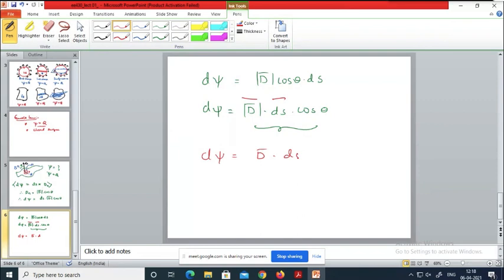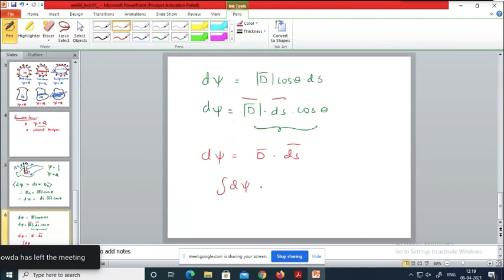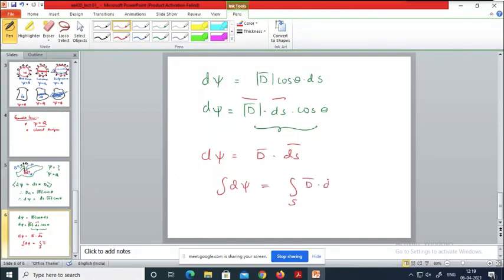So D dot ds vector. Therefore, if you want to find the total psi, you will have to integrate this d psi along the surface and take the dot product here, and this is equal to the closed loop integral like this.